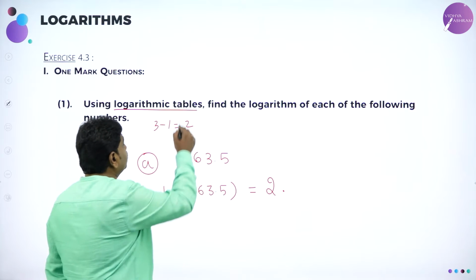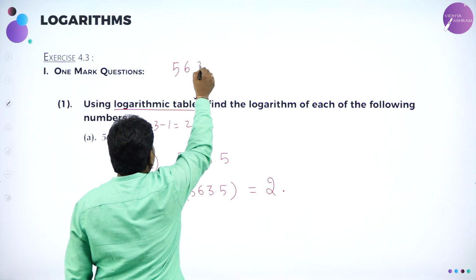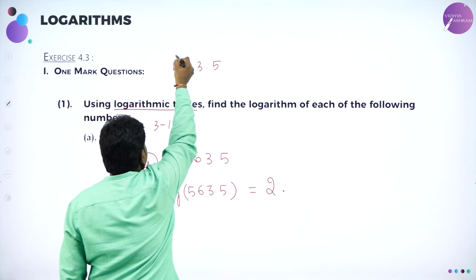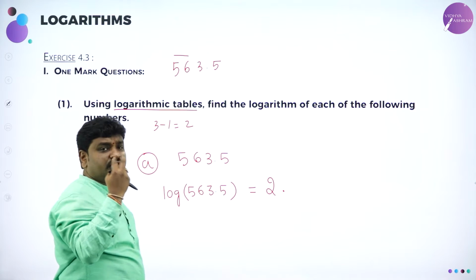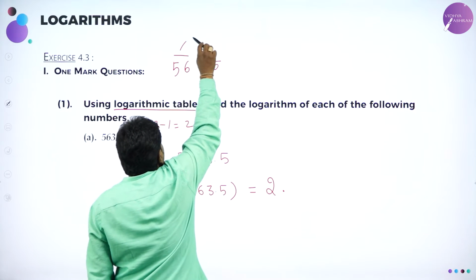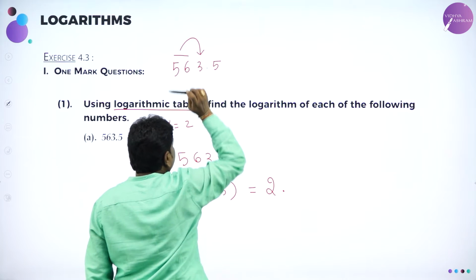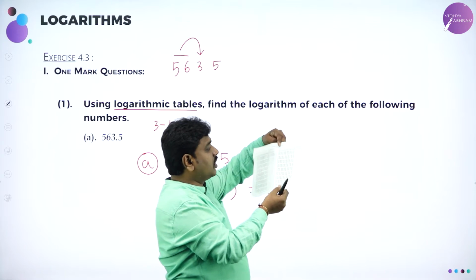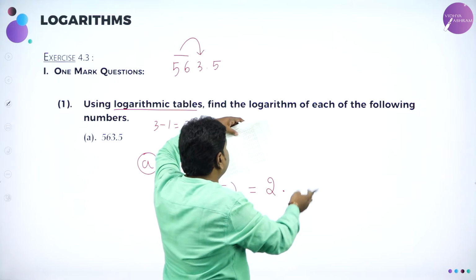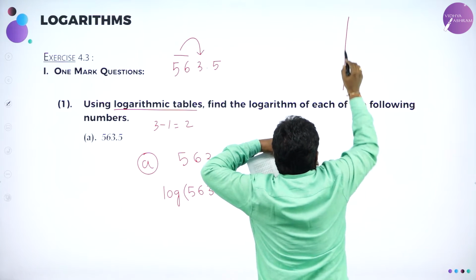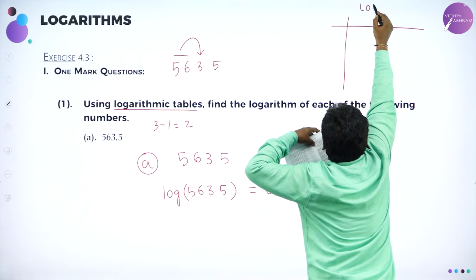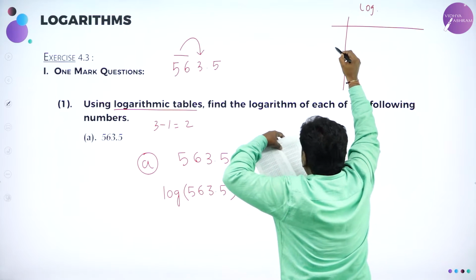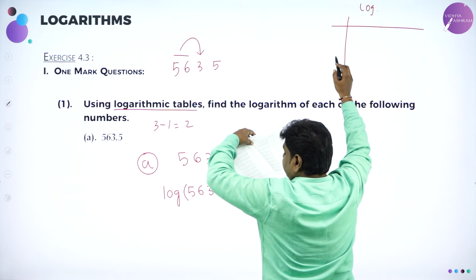Now I have 563.5. First you should take 2 digits. What are the 2 digits? 56. 56 under 3 we should see in the log book. This is the log sheet, or you can take the log book. In the logarithm heading, you have to see the column where we have 53.